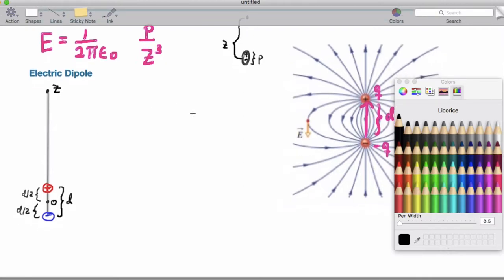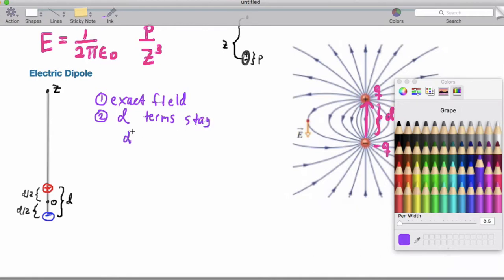And here's what we're going to do. First, we're going to get the exact field, and we're subject to 2 approximations. So here's our process. First, let's get the exact field. Next, we make the approximation that d terms stay, and you'll see what I mean by that in a second, and d squared terms go to 0.